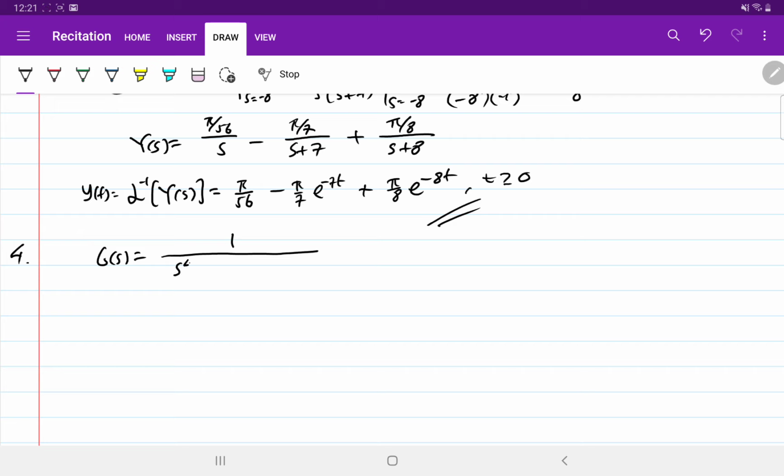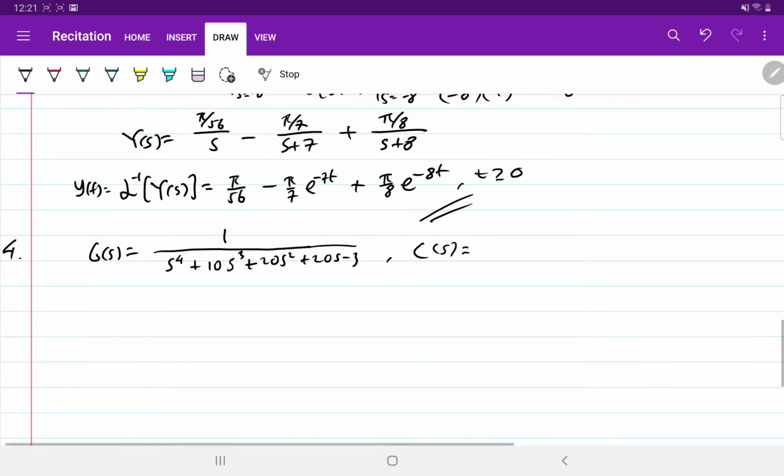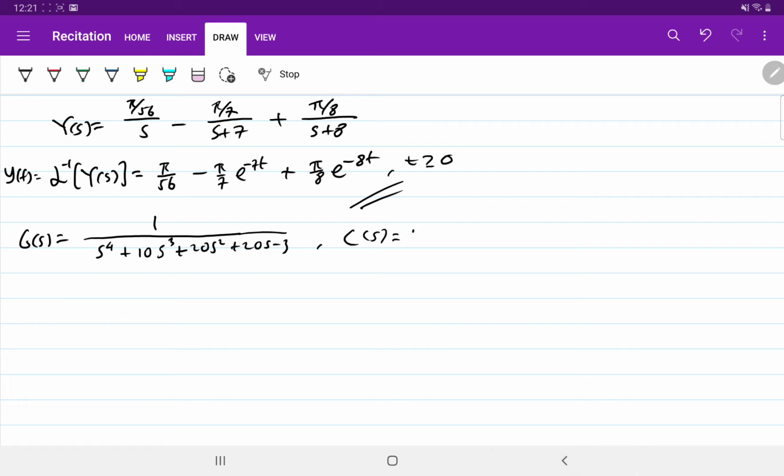We have a system given by this transfer function, G of s is 1 over s to the 4 plus 10 times s cubed plus 20s squared plus 20s minus 3. Then we have another system, 13 plus k over s, and k is required to be positive.